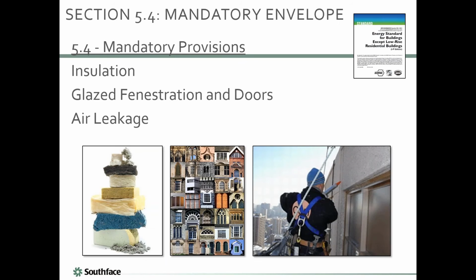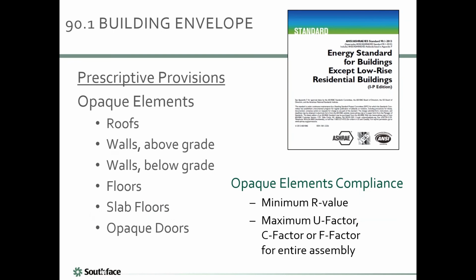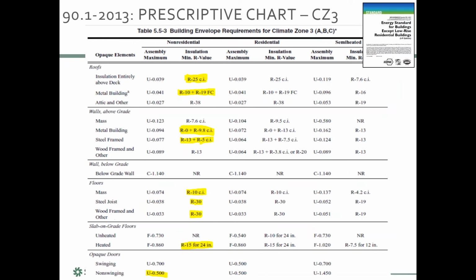Boom. So here we're going to jump and talk about insulation, mainly for the opaque elements, things you can't see through. And we'll go to this chart, the chart for climate zone 3 for ASHRAE 90.1, and you'll see a different answer if you jump a climate zone.